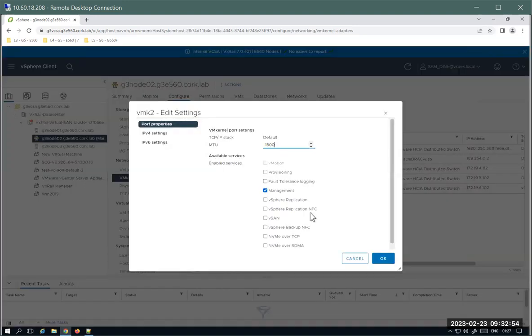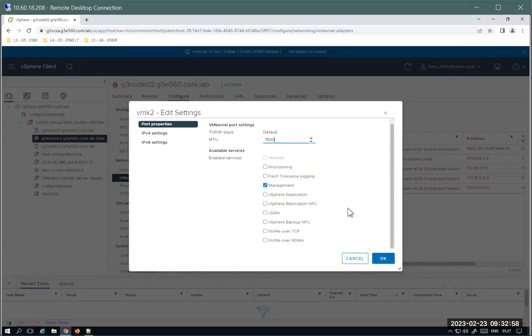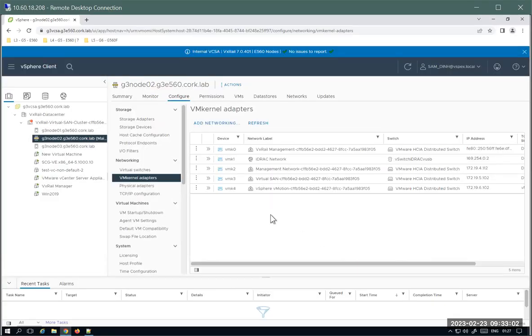We need a separate VMK for each service. That's for security, for isolation, for performance, right? From a design perspective. That's how we do things in modern days, right? Don't put everything in the same place. We need redundancy, things like that.